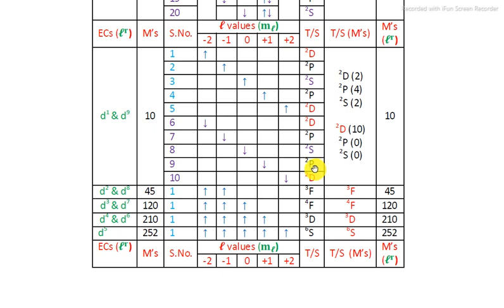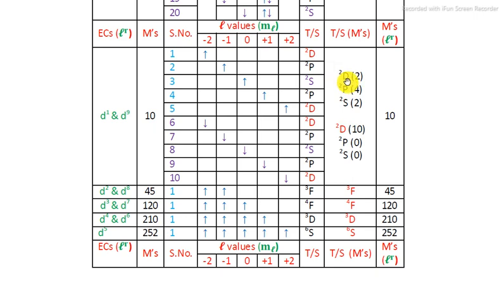Total number of terms possible are 3 terms or states: 2D 2 microstates, 2P 4 microstates, 2S 2 microstates. Out of these 3 states, one is the ground energy state, that is 2D. The remaining 2 states are higher energy terms, but their energy is similar and close to the energy of the 2D term.